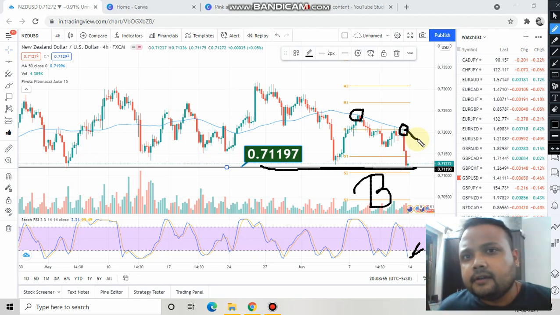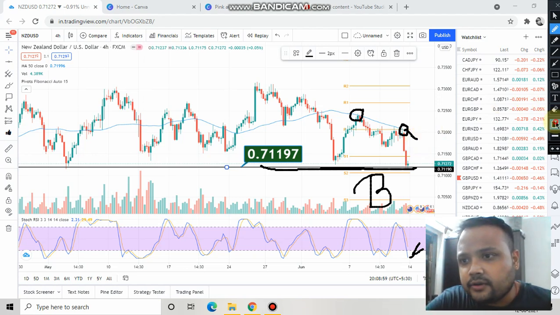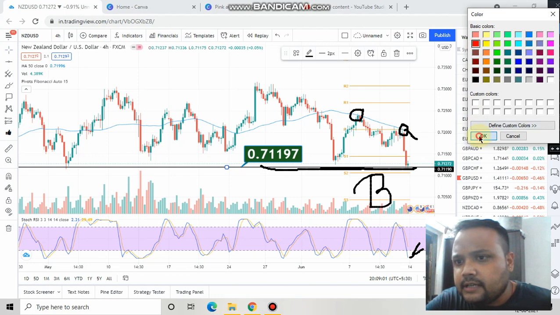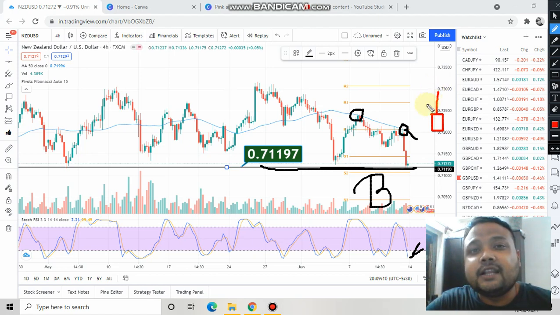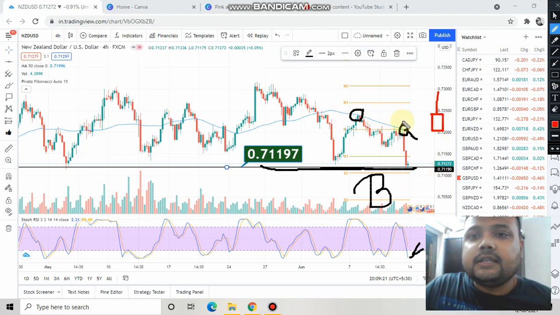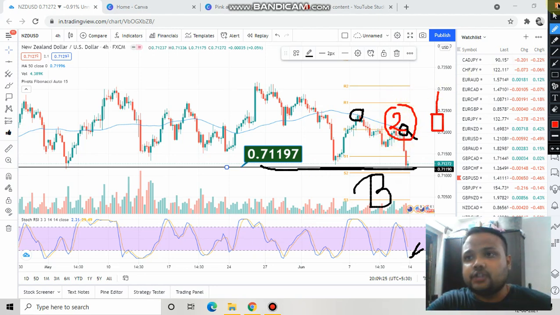If you see that price is struggling near the 50 moving average and is about to reverse, if you see some price rejection from above like this, or some shooting star pattern like this, then you'll get the confirmation that the 50 moving average is a dynamic resistance and it will not allow the market to go up that easily, and you can short the market at the 50 moving average. That is your second trading opportunity on the NZD USD chart.